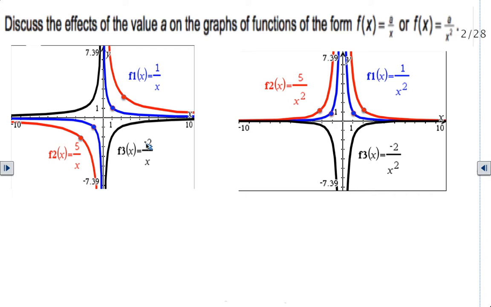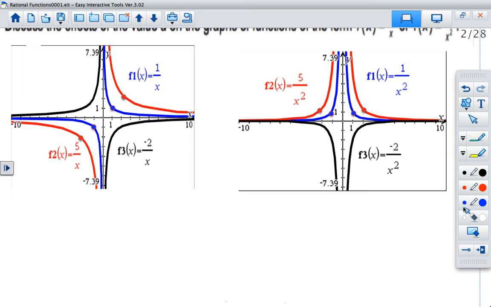Also, if it's a negative, you reflect across the axis, so the black lines are the negative sign. So as a increases, your points get farther apart. If it's negative, it reflects over the horizontal asymptote.